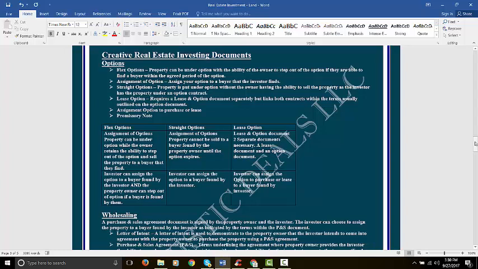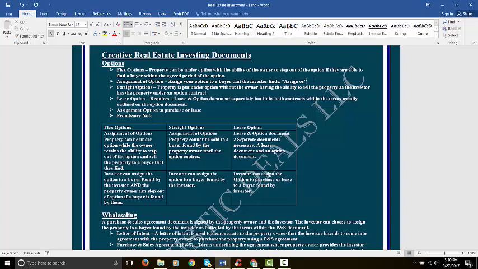As an example, it would be an assignment. So an assignment could be typed out within the document itself, or you could do a clause like that next to your signature.